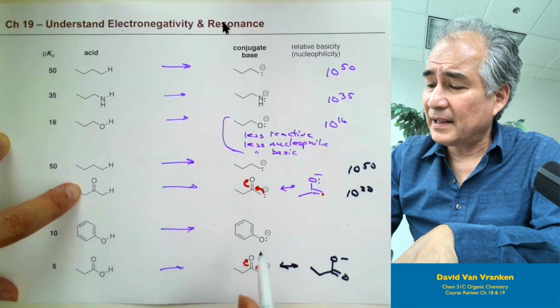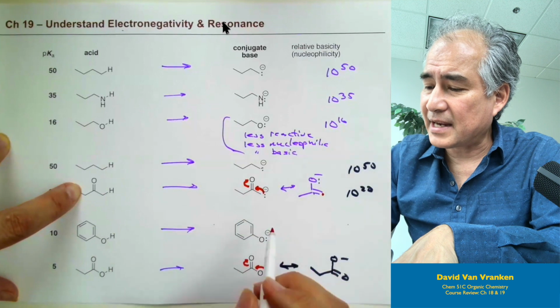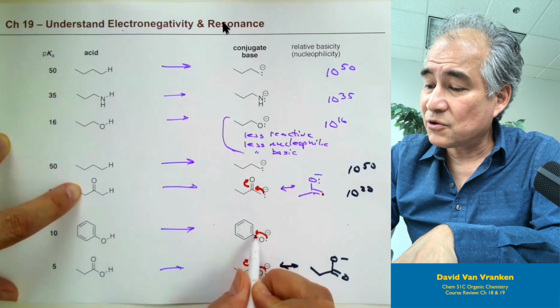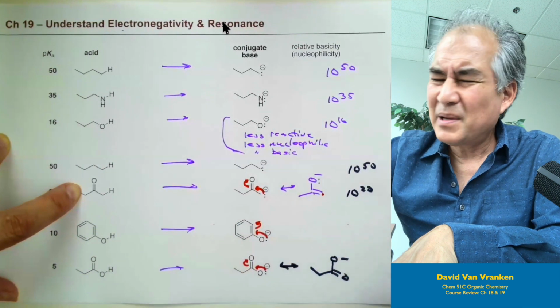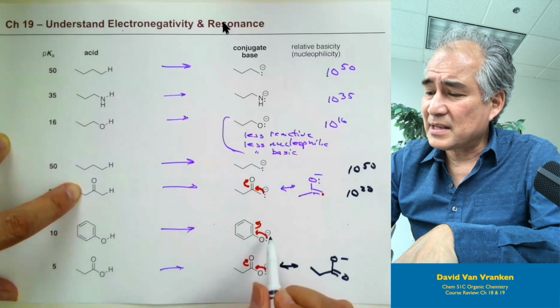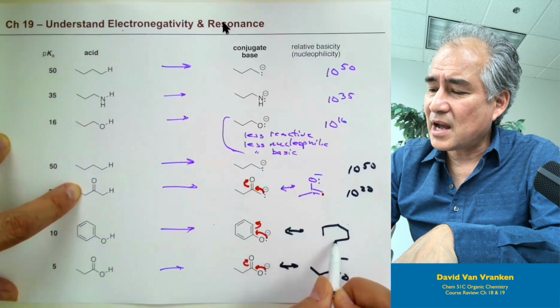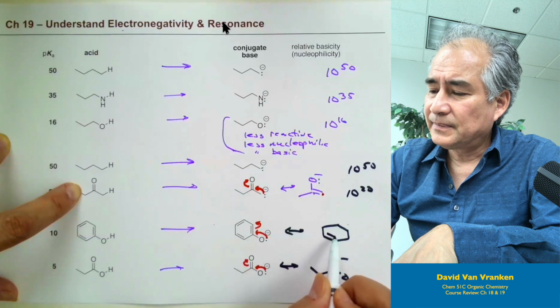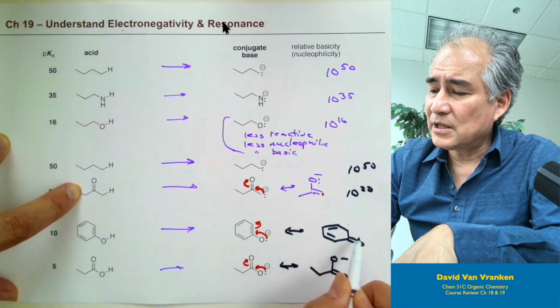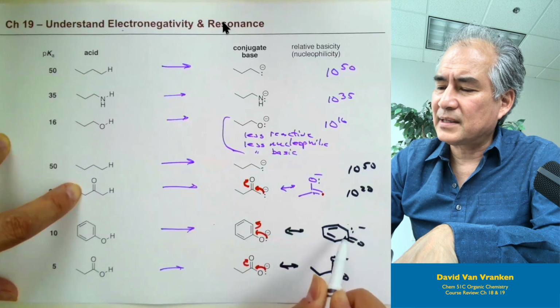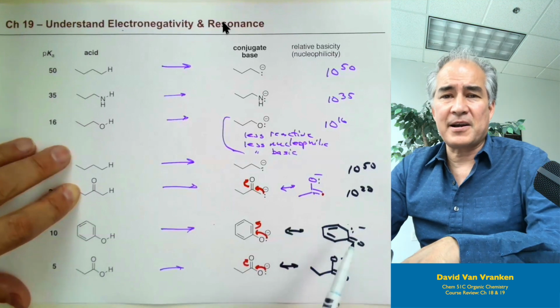But over here with a phenolate, there is resonance stabilization to this O minus, and I can draw more resonance structures, but none of them are really as good as this first resonance structure with O minus, because these other resonance structures are not aromatic anymore. So I can certainly draw more resonance structures here, but that's not an aromatic ring system.